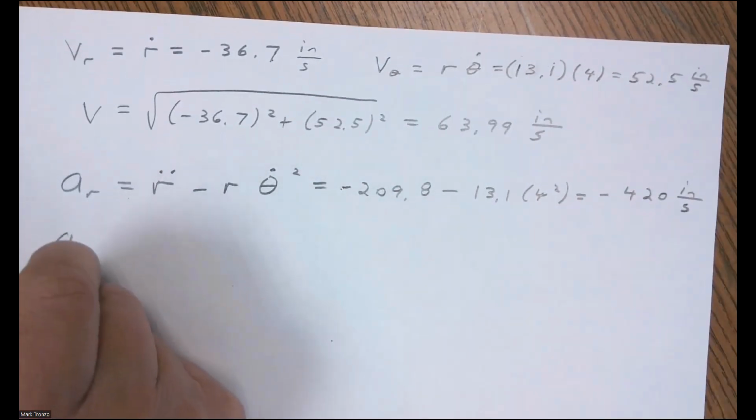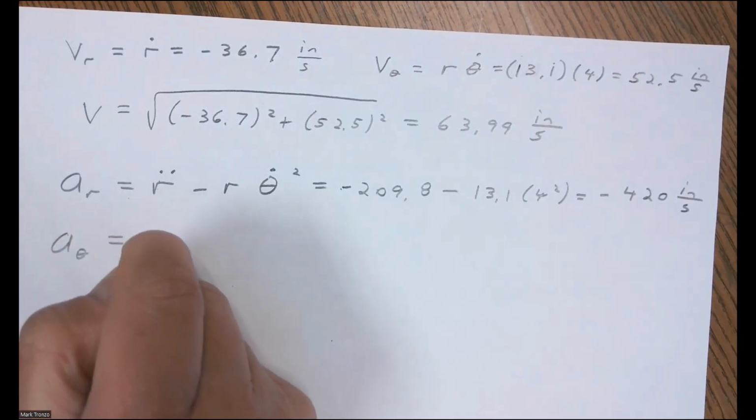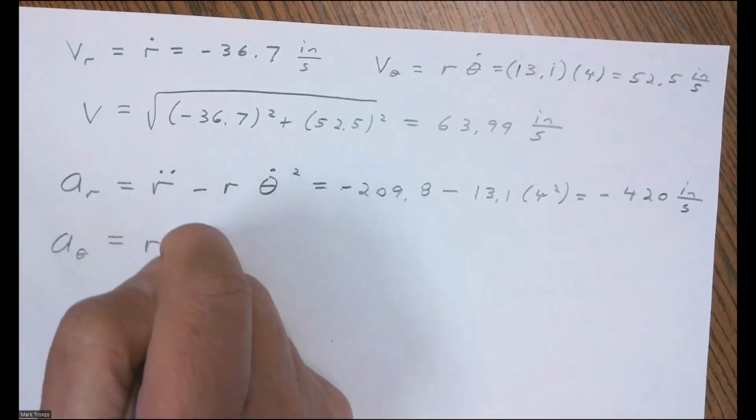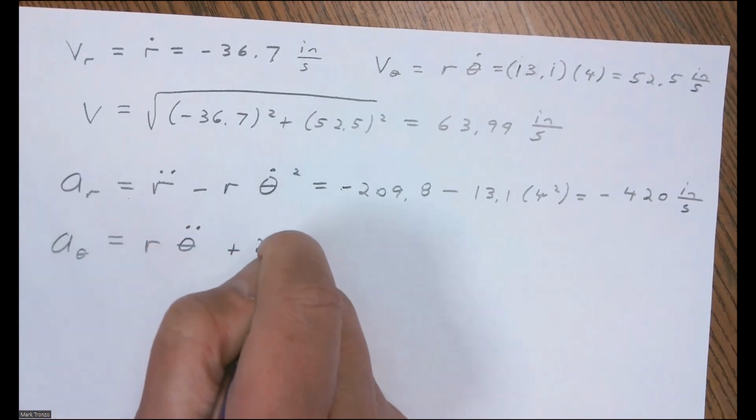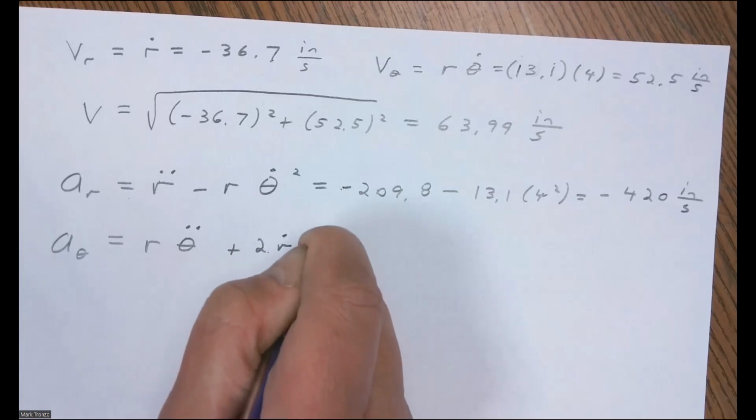And then A theta was r theta double dot plus 2 r dot theta dot.